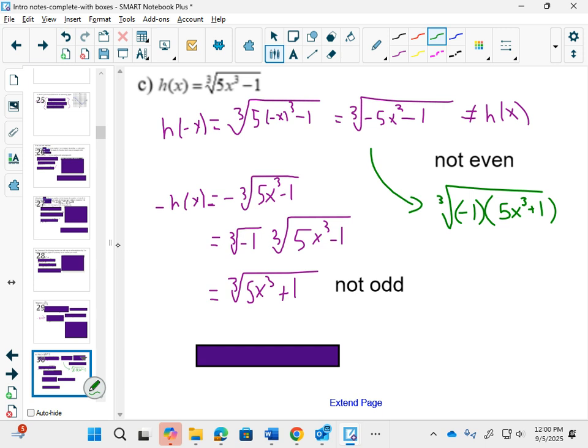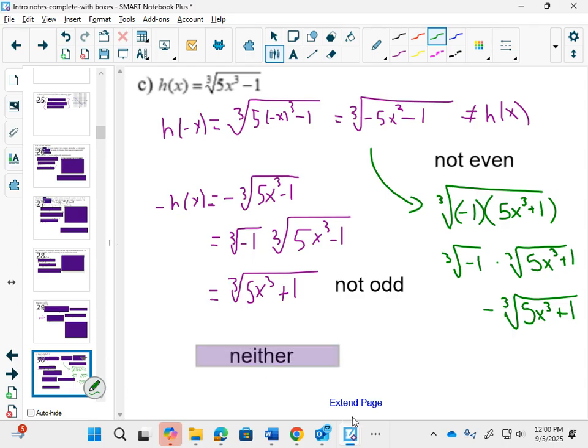And then with multiplication, I could break this up to pull the negative 1 out in front and then see that they don't match. So this one is neither odd nor even.